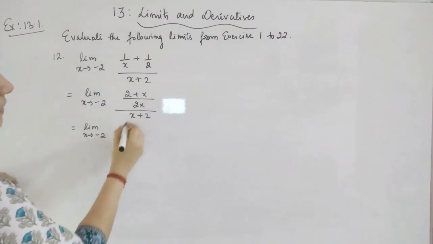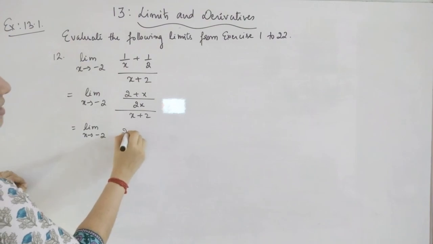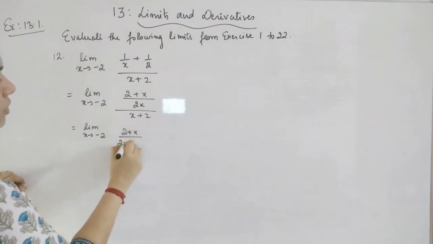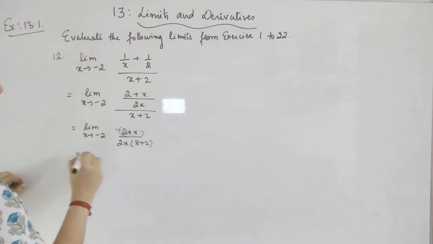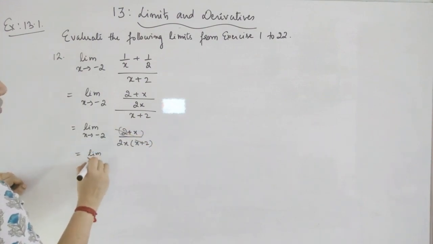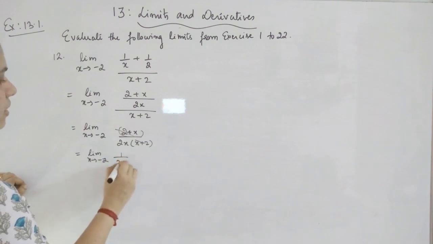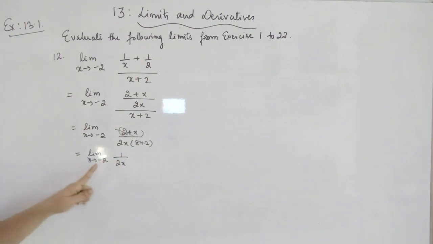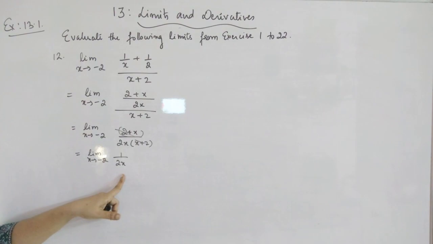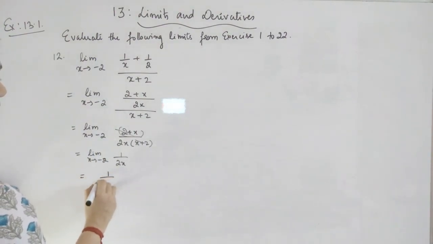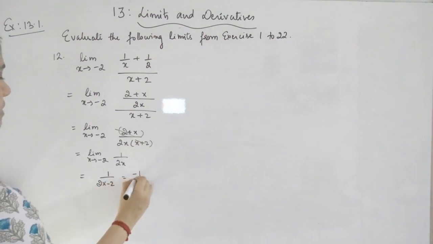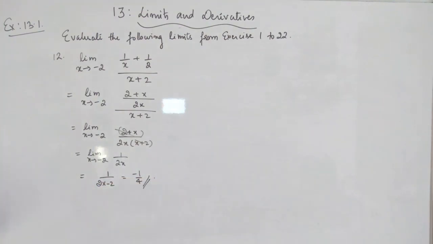This will give you here 2 plus x or x plus 2 divided by 2x into x plus 2, that is these two get cancelled, limit x tends to minus 2, 1 by 2x. Now you can just replace x with minus 2 because the denominator is not giving you 0 there, so this is 1 by 2 into minus 2, which is minus 1 by 4. Okay.